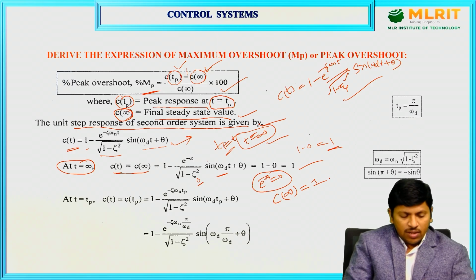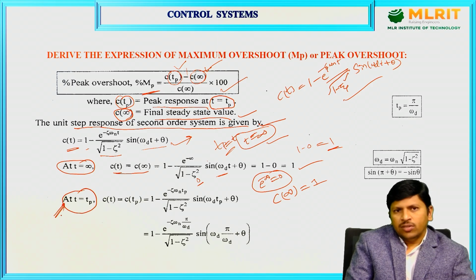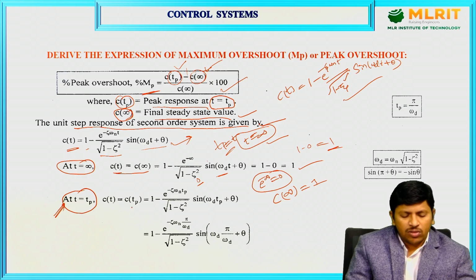Next, at t equals tp, c of t equals c of tp equals 1 minus e power of minus zeta omega n tp.